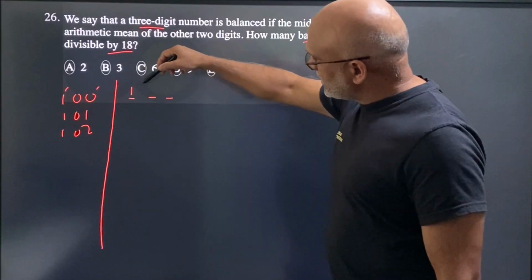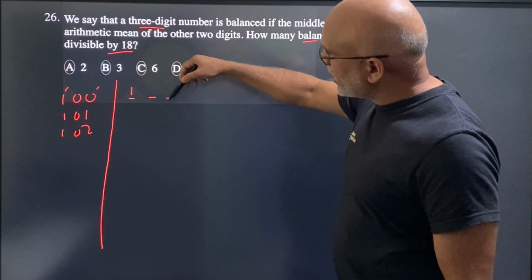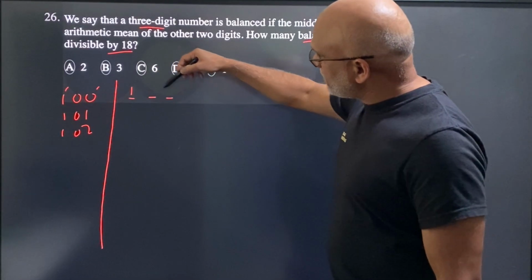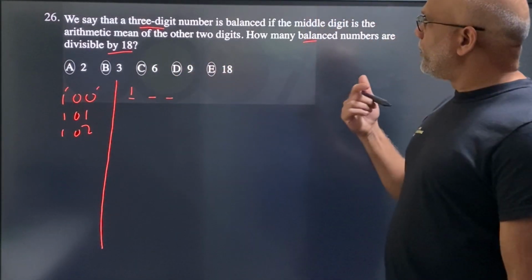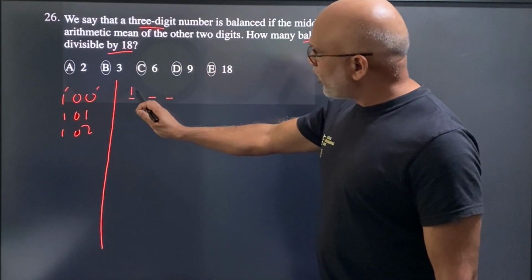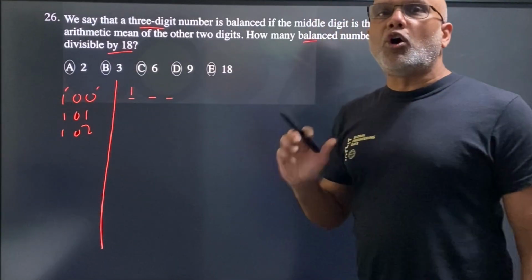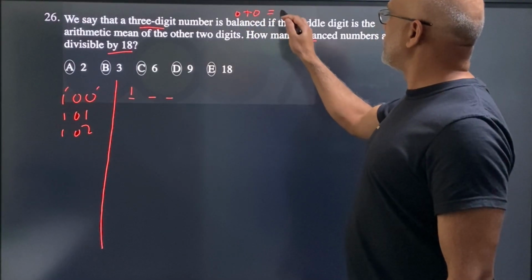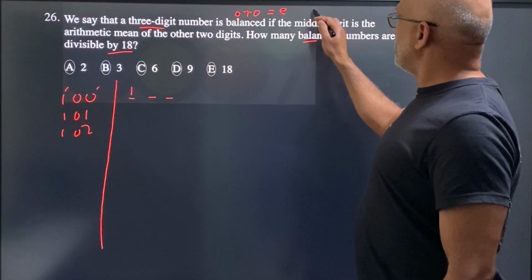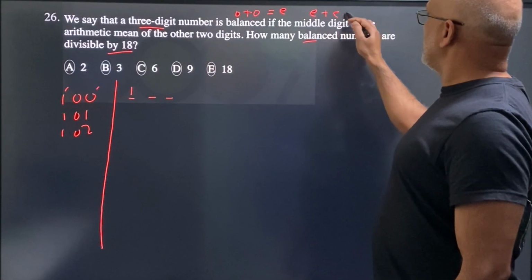Remember that this plus this divided by 2 has to be this. So this plus this has to be divisible by 2. Now remember, since this is an odd number, this also has to be an odd number. Because odd plus odd is equal to even. Or, even plus even is even.